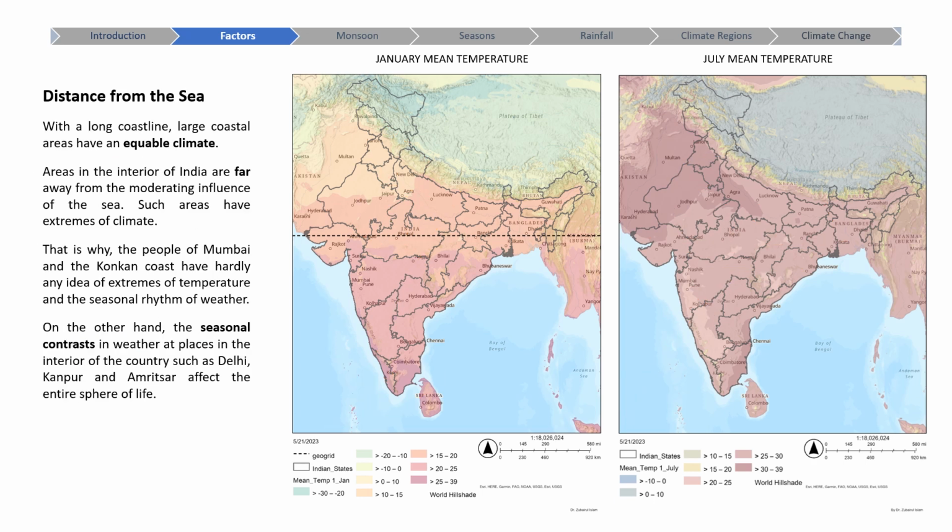Now come to the distance from the sea. Distance from the sea, you have to consider this coastline area. If you compare the temperature of January and July, you will not find as much difference in peninsular India.